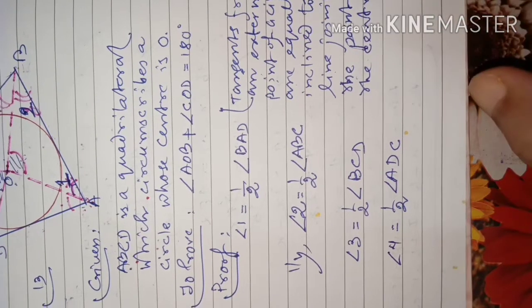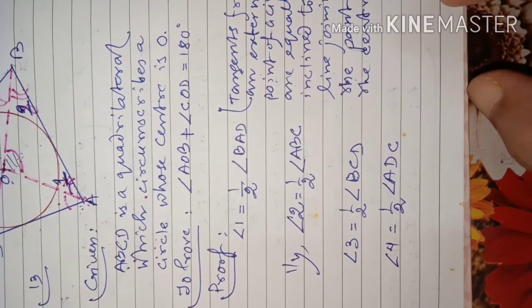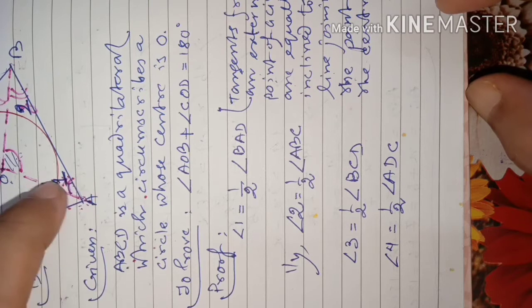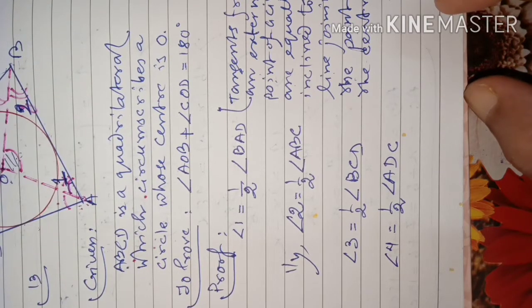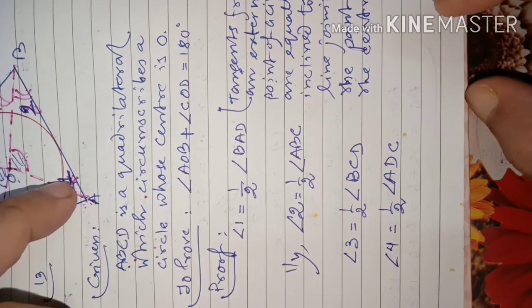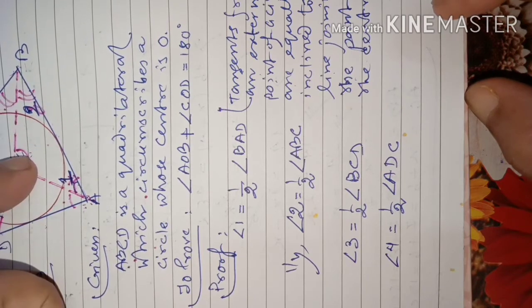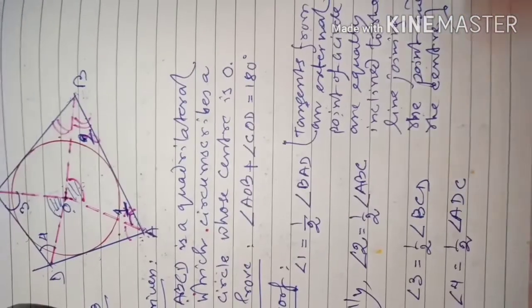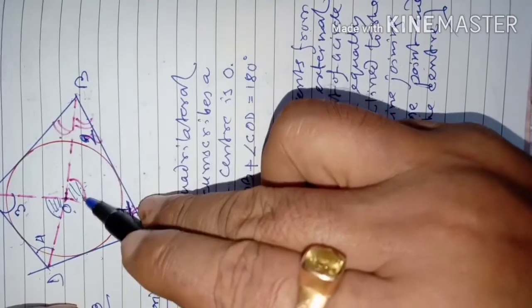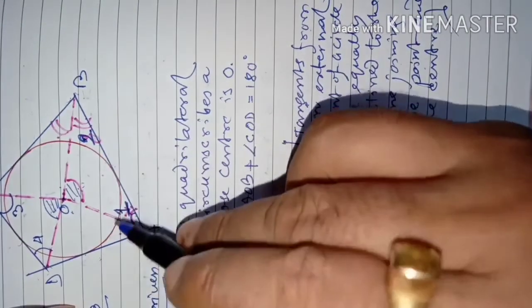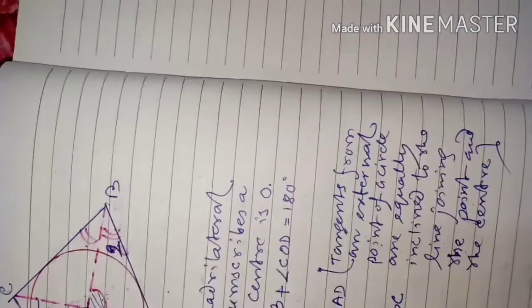Now you add 1 and 2 first, and you get the sum. Look at the diagram: angle 1, angle 2 and this angle AOB. What is their sum? 180 degrees.